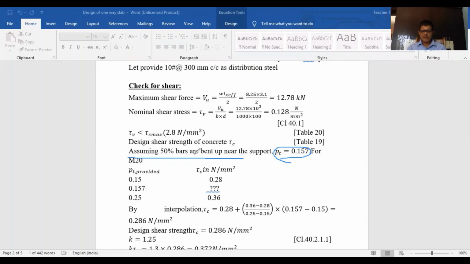So calculate for M20 grade concrete, find out for 0.15, 0.25, and for 0.157, find the value. So again, doing by linear interpolation, it's coming 0.286.